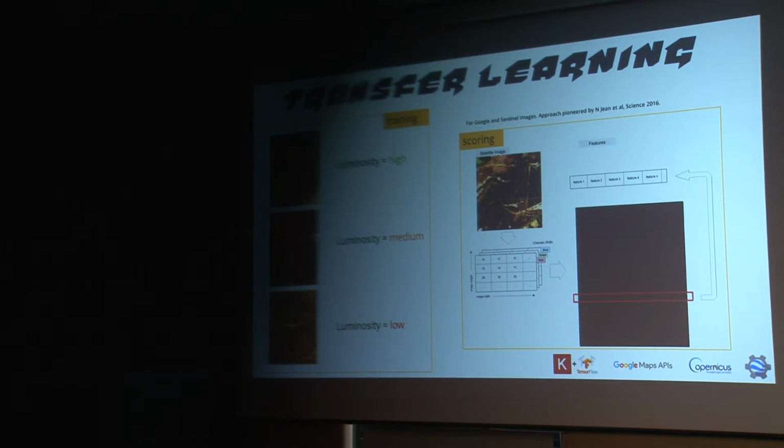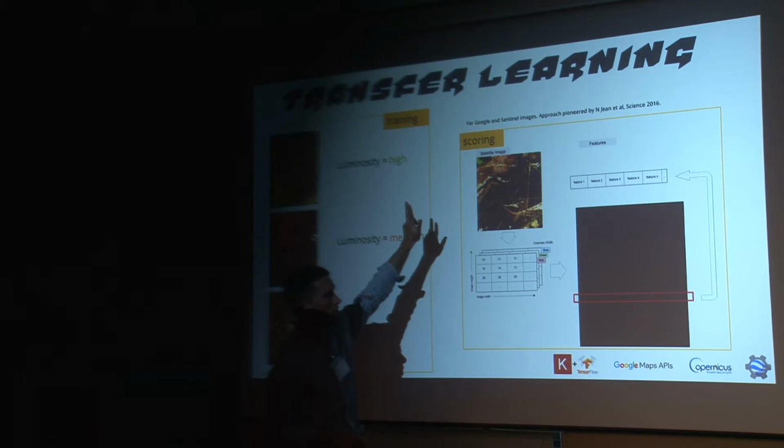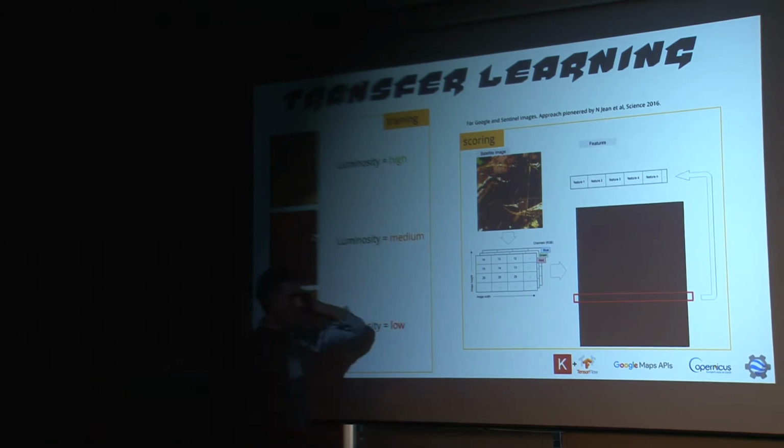So we train a network to recognize from satellite images, three-band images, red, green, blue, like the usual visual things that you can see, whether there are night lights and what the intensity of night light is. We train a neural network to do that.